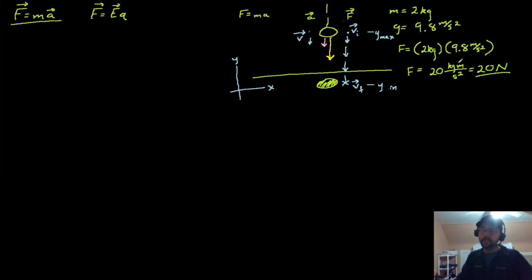And you would get the negative value by making g negative, because g points towards the ground. So g would be negative. But if I want g to be positive and I want the force to be positive, then I'm going to have to switch this max and min, and switch where the positive value is.